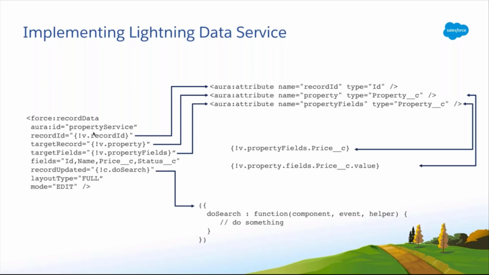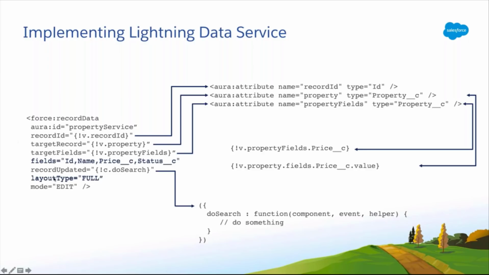Now, that's really cool. But even cooler is the fact that we then can ask force record data to start watching that. And for that particular record, if any of those fields that we're watching are updated, we can then ask the controller to respond and do something about that.